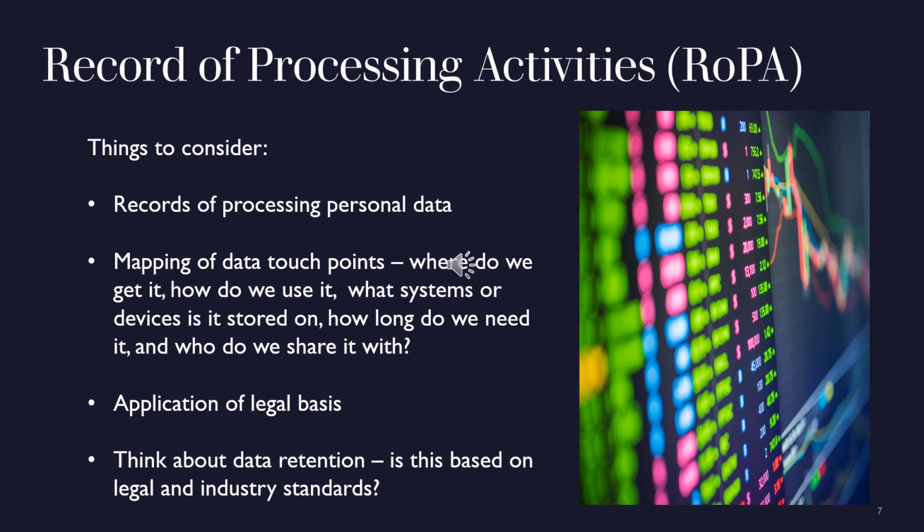The ROPA will help us identify high-risk areas of processing, which helps us to decide when to conduct a Data Privacy Impact Assessment, or DPIA. Additionally, the ROPA will also identify where a transfer impact assessment, TIA, or legitimate interest assessment, LIA, may be required.